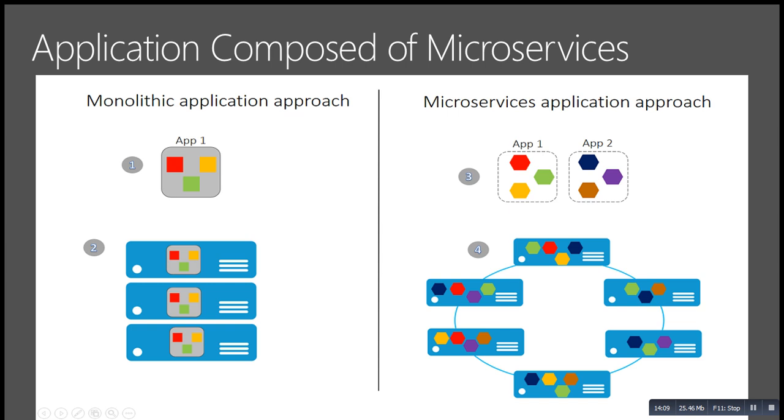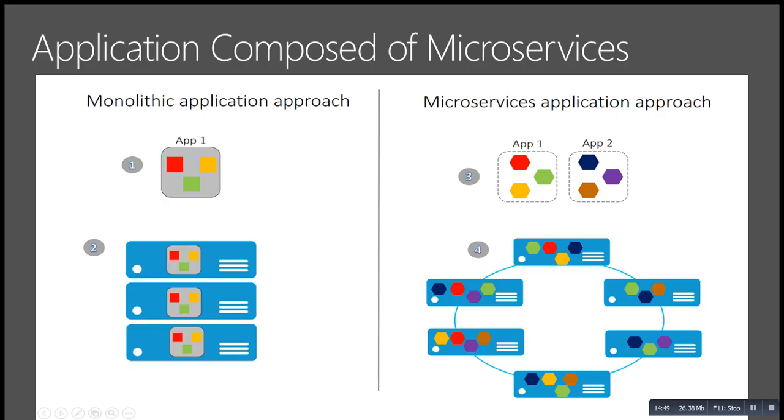But in the case of application 1 and application 2, which are composed of three different microservices, if we want to deploy these microservices, we just spin up VMs, and on top of the VMs, with the help of Azure Service Fabric, which will construct a logical cluster of these machines, it will deploy all microservices into different nodes.